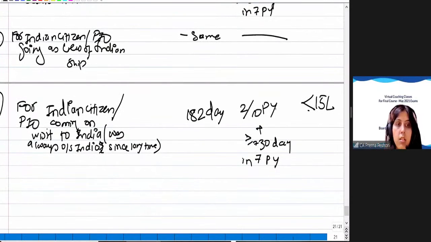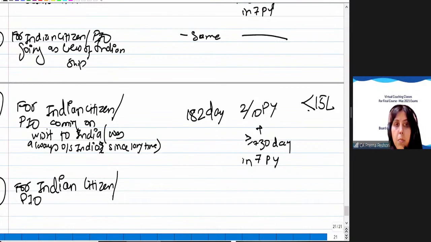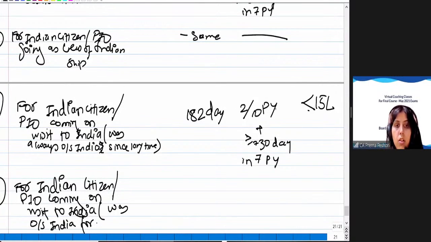Fifth, for an Indian citizen or person of Indian origin coming on a visit to India, who was outside India for a long time, the 120-day condition.